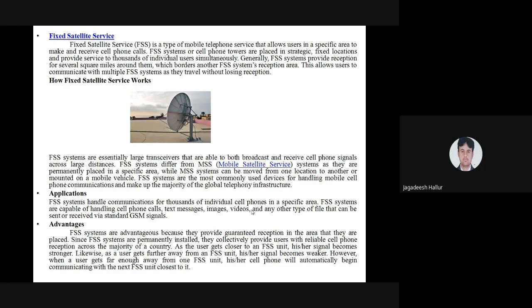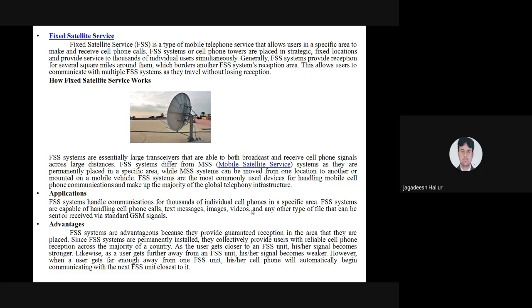We have seen in mobile communication the base station transmitter. A base station is nothing but your fixed location. At that fixed location, you are going to access the particular network. Generally, fixed satellite service systems provide reception for several square miles around them.